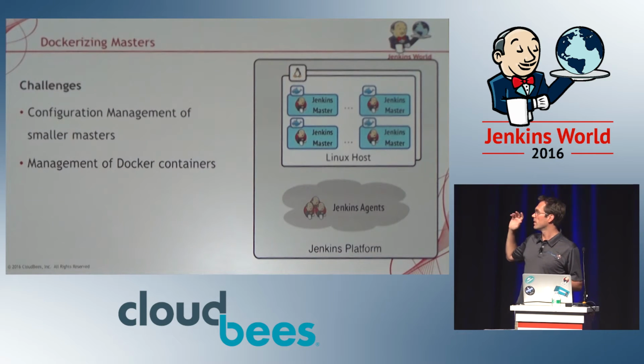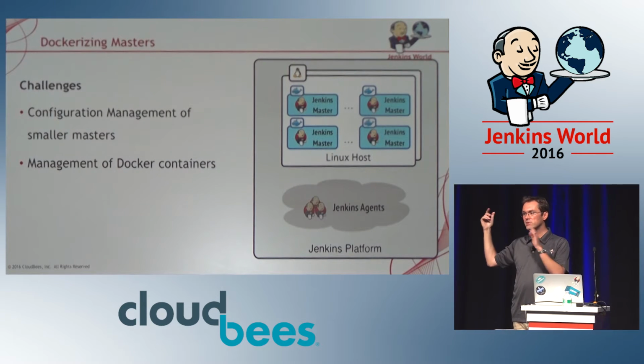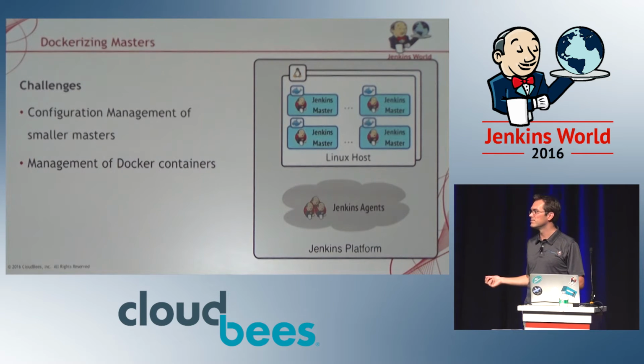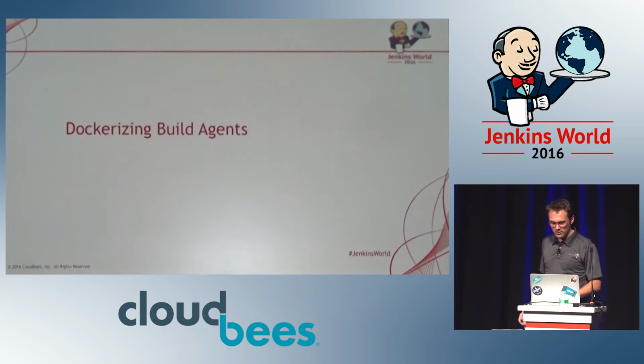Okay? So we have seen benefits and challenges to Dockerize masters. Any question on this, or now I can cover build agents, which is the hard part? Okay? So, Dockerizing build agents.